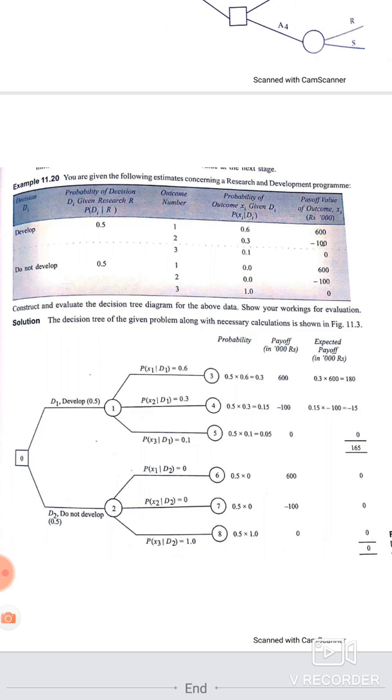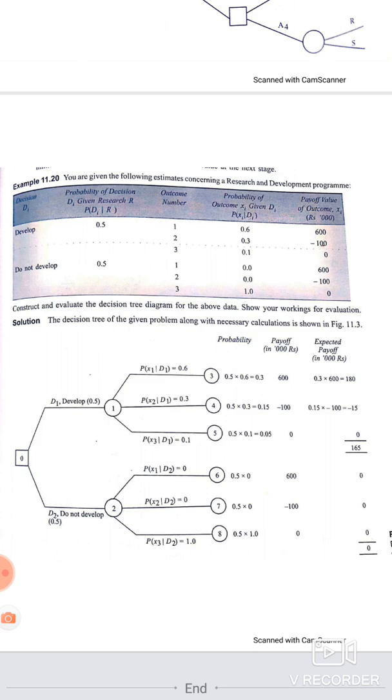The two courses of action are whether to develop or not to develop the project. Then we have the outcomes. There are three outcomes associated with developing the project and three outcomes associated with not developing the research and development project. Now the probabilities are also associated with them.